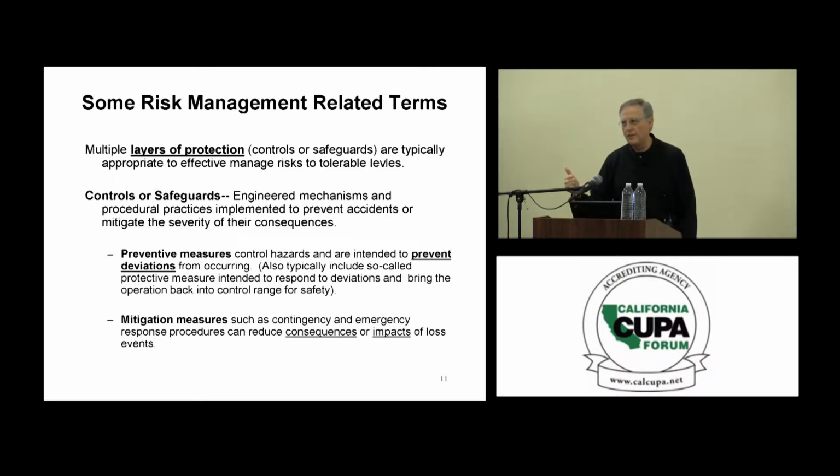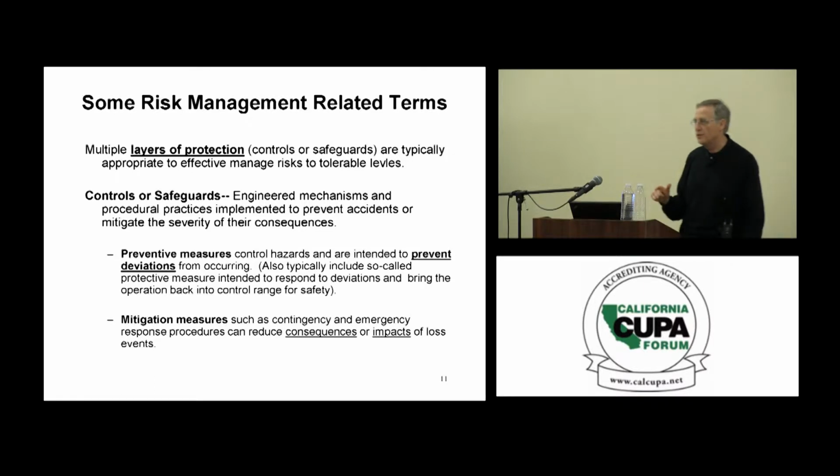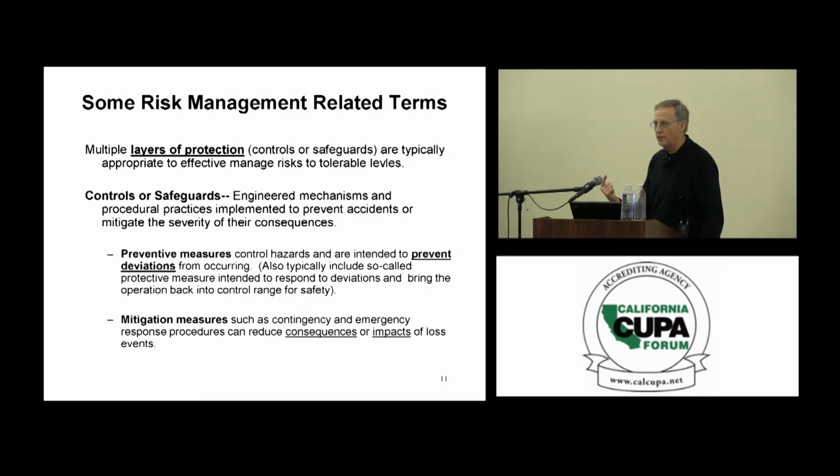Preventive safeguards are intended to reduce the chances that you're going to lose containment. Mitigative safeguards are put in place to minimize the severity of the consequences if a release occurs and to minimize the extent of that release.